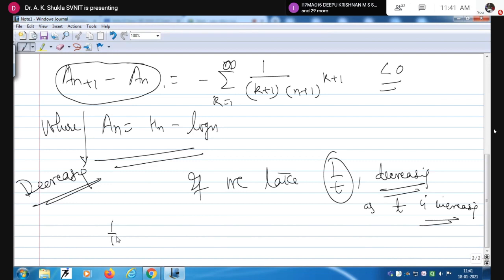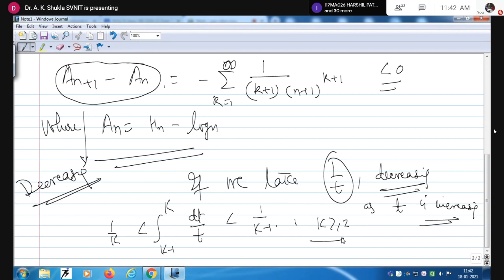So we can write now: 1 upon k is less than the integral from k minus 1 to k of dt over t. This is less than 1 upon k minus 1, where we can take the value of k greater than or equal to 2.